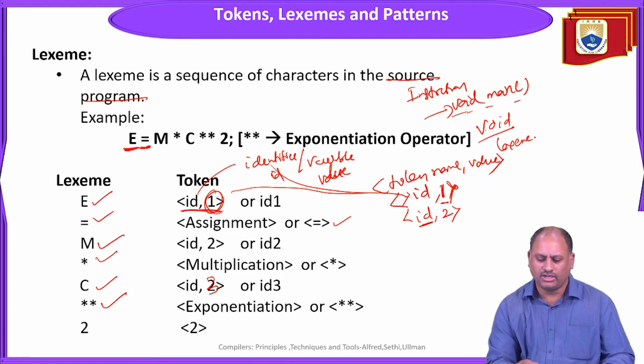For operators, there is no need to write the value, only the syntax. The numerical constant 2 is recognized as a constant. Like that, the semicolon at the end of E = MC^2; is also recognized as one more lexeme.